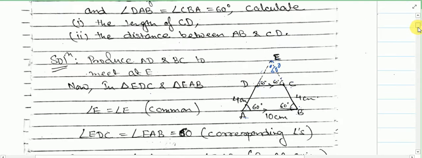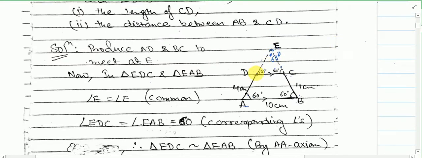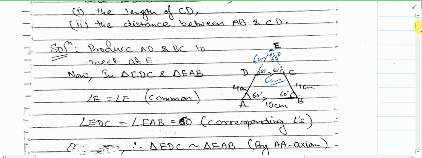So ED is coming 6 centimeter, but we know that EDC is an equilateral triangle, so this will also be 6 centimeter. So you will write CD is 6 centimeter. So the first part is over.